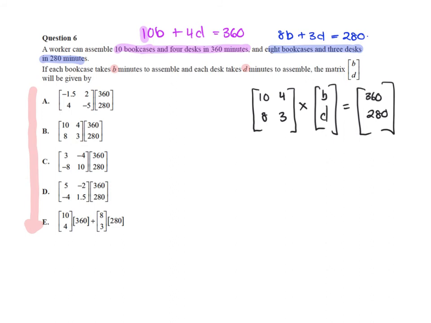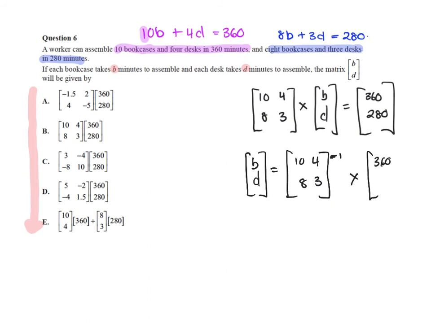So we need to get our matrices in the solving format. So if I was solving for B and D, what I would have equals this 10, 4, 8 and 3 to the power of -1 times 360 and 280.